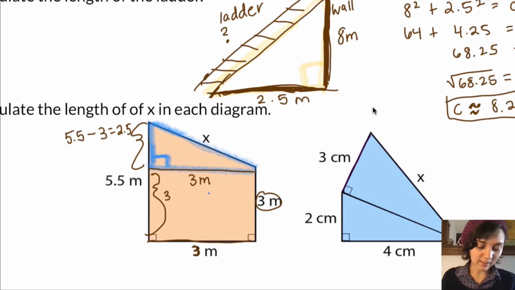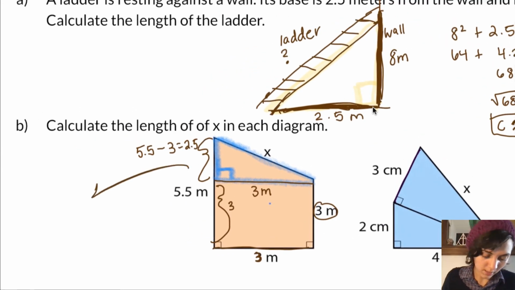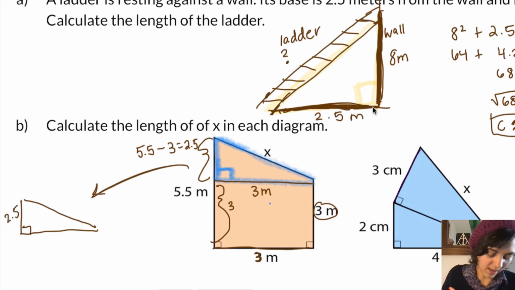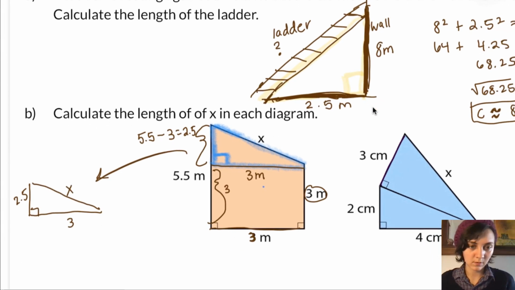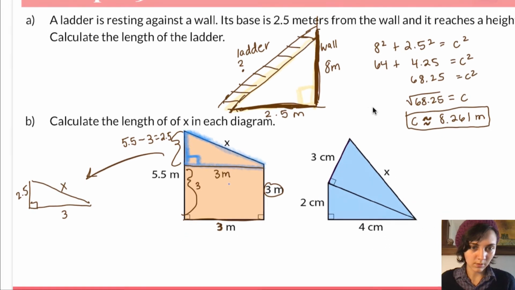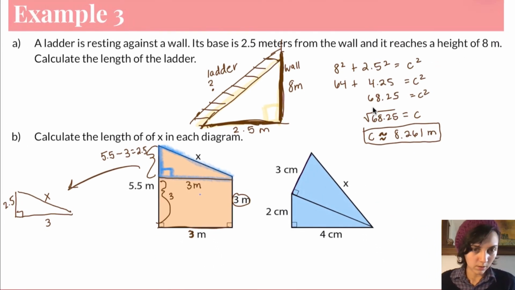So basically, I could redraw this to make it easier to see. This side is 2.5, this side is 3, and then that's the x that I'm looking for. That's what I need to find. Okay? So we just have to be a little creative.